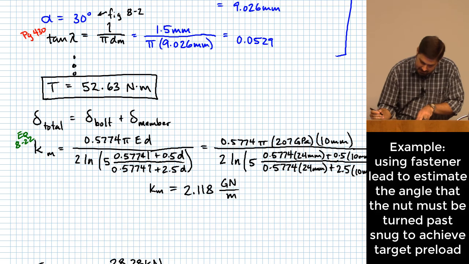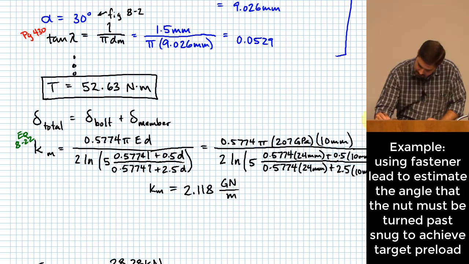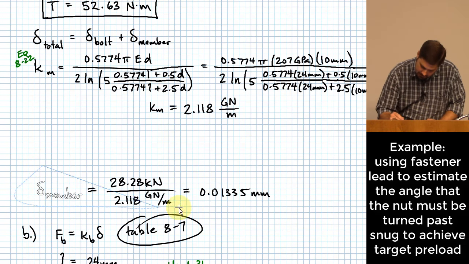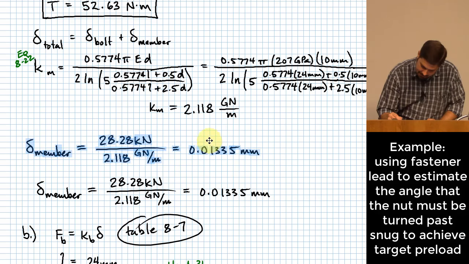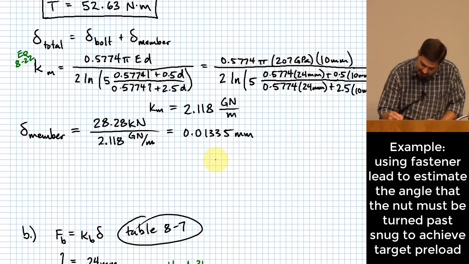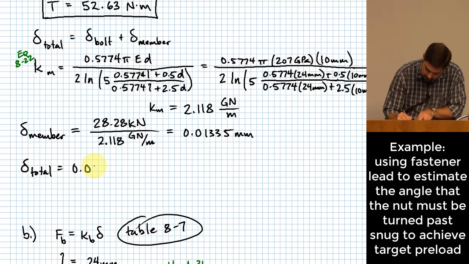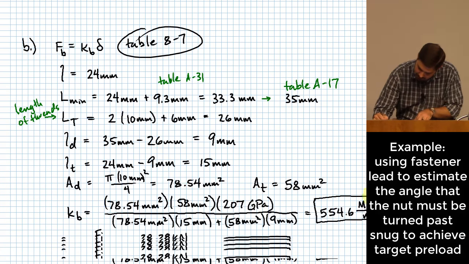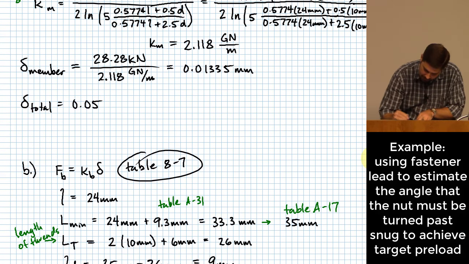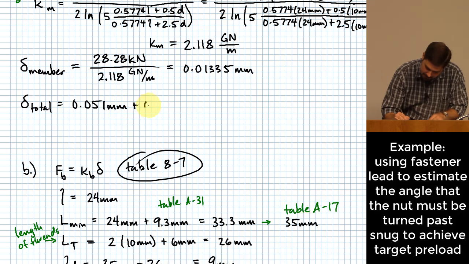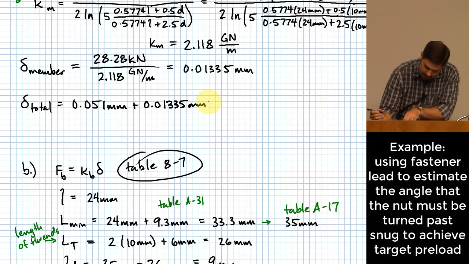Well, we basically take this, whoops, I didn't mean to slide that down. We take that amount of deformation in the member, add it to the amount we had in the bolt, and we get a total. I believe we had 0.051 millimeters in the bolt plus 0.01335 millimeters in the member.